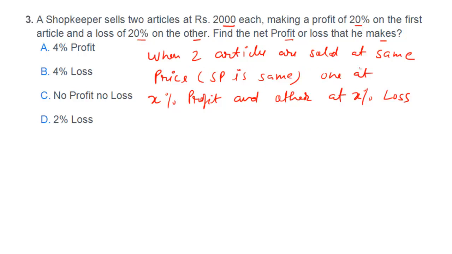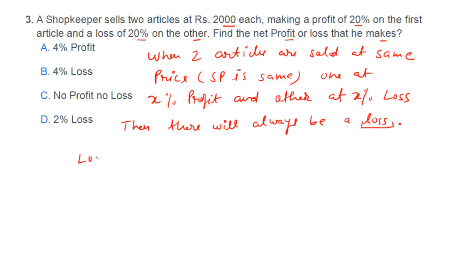Two articles sold at the same price, 2000 each, one at 20% profit and the other at 20% loss. Then in this case there will always be a loss in the whole transaction, right? That you have to remember.